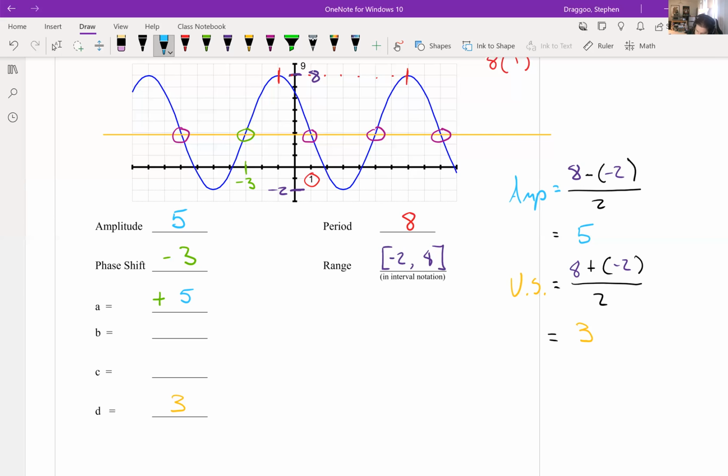Then we want to get B, which is 2 pi over the period. So 2 pi over 8 is pi over 4.